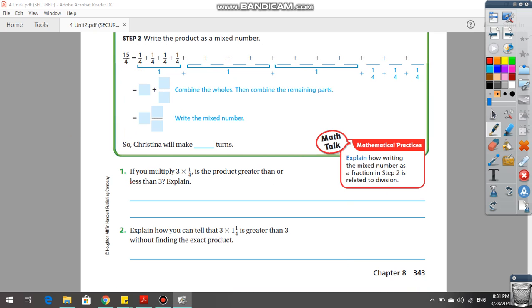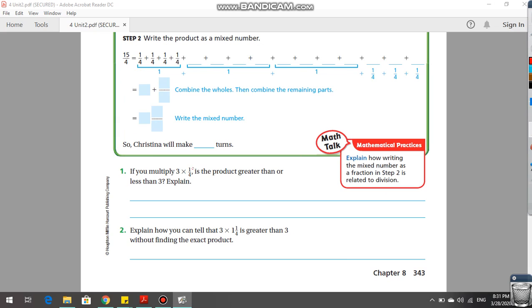Okay guys, number 1, if you multiply 3 times a quarter, is the product greater than or less than 3? Okay, 3 times a quarter. It's easy. I'm going to multiply 3 times 1 equals 3 and the denominator never changes.